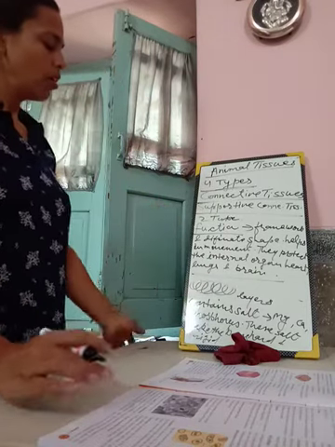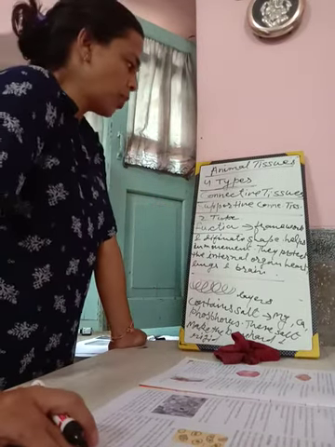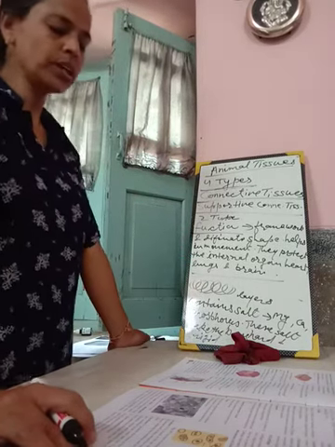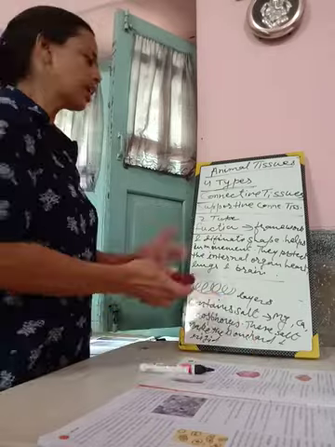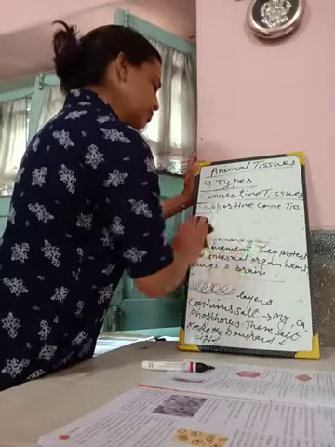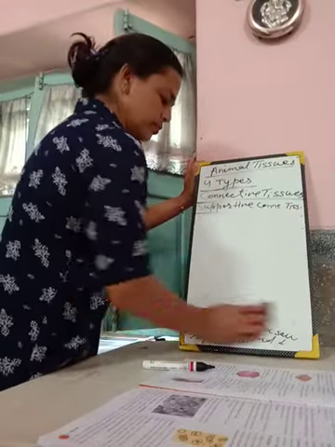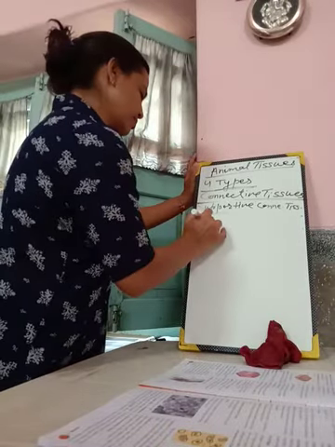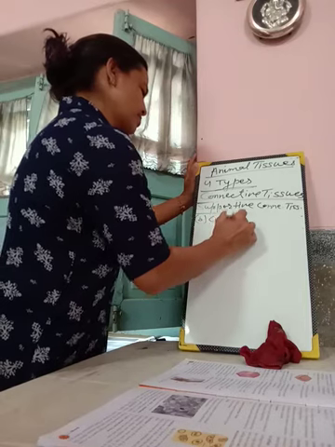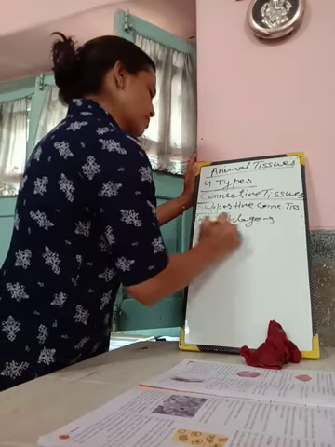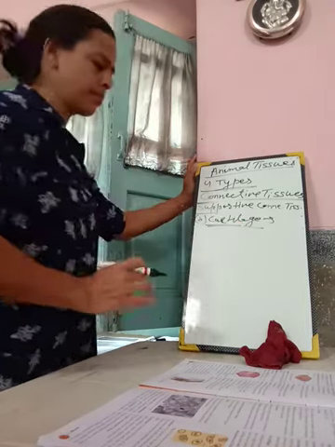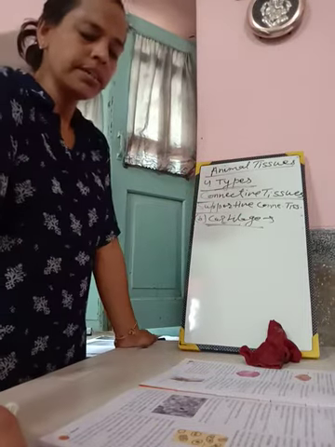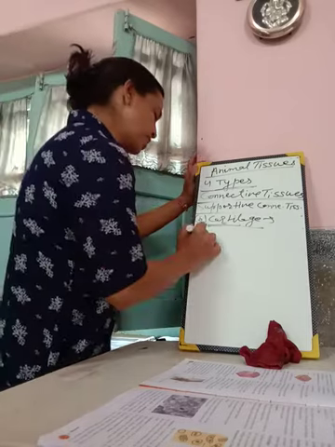We all know about bone very well. Now the second part of supportive connective tissue is cartilage. Cartilage is made up of matrix.